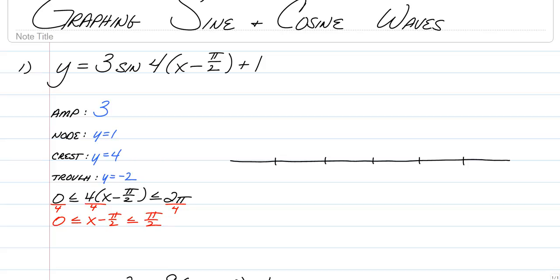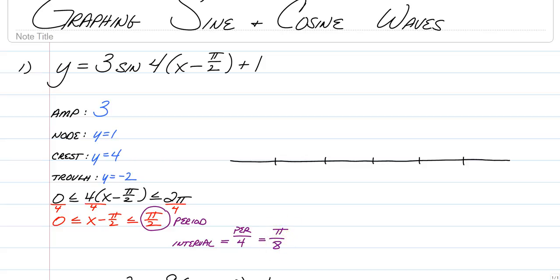Now, once we did that, going from 0 to pi over 2, pi over 2 is our period. And if we take our period and divide it by 4, that's an interval. So our interval is equal to our period divided by 4. I'll show you why in just a second. So our period is pi over 2, divided by 4. Pi over 2 divided by 4 is pi over 8.